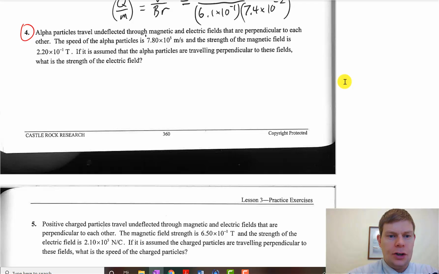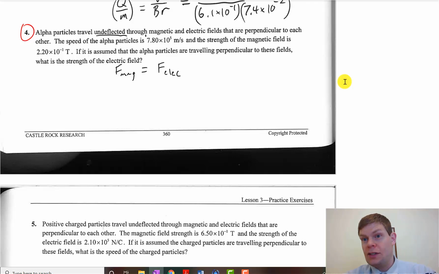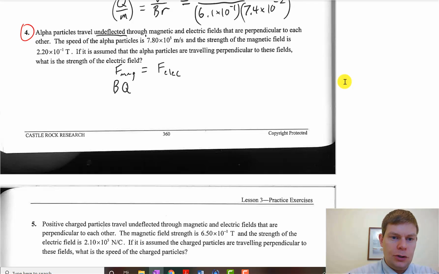In this case, our magnetic force is equal and opposite to our electric force, because they were undeflected. So we put in their formulas: BQV equals EQ, and notice our Q's cancel.